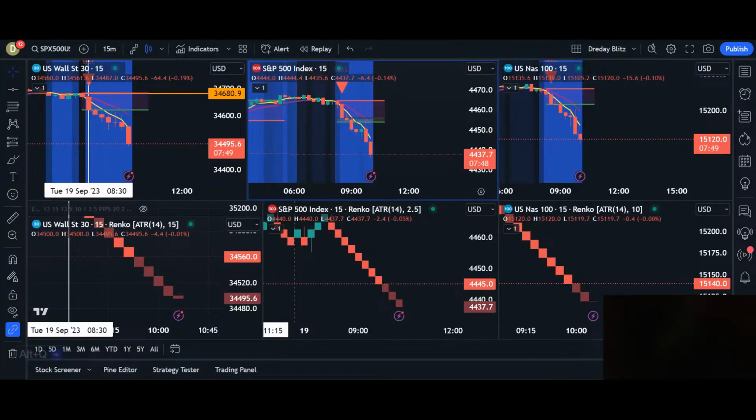We'll wait and see for the next candle, but still looking good. So looking bearish overall.